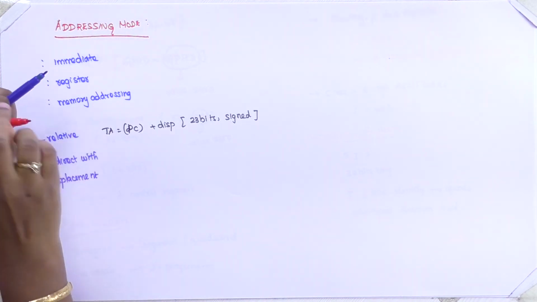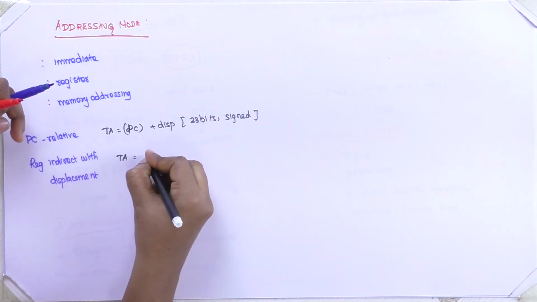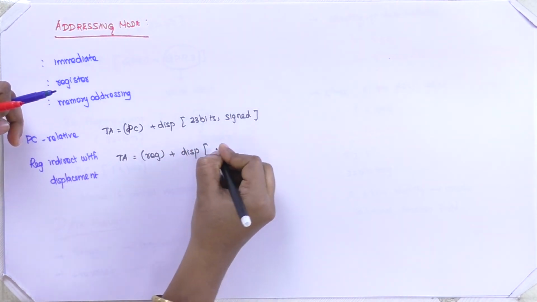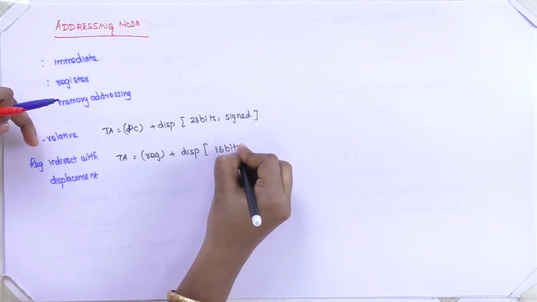Here the target address is calculated from the content stored inside the register plus displacement, which is 16 bits and signed.